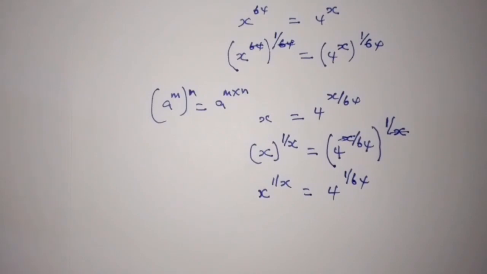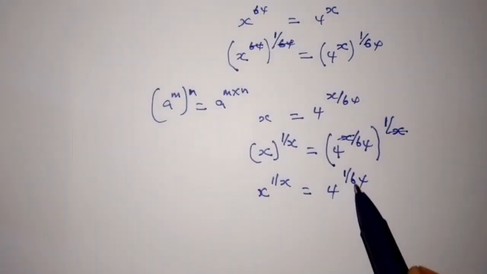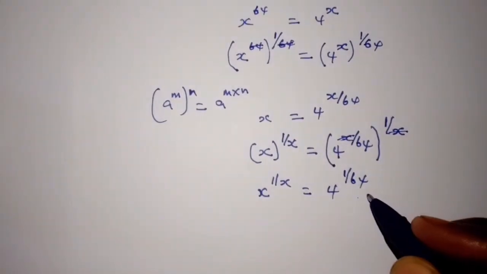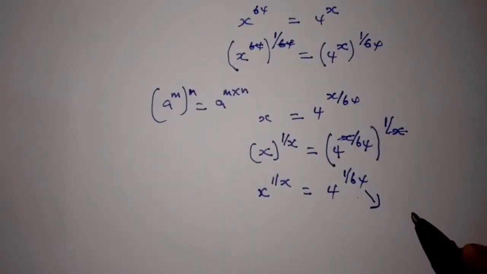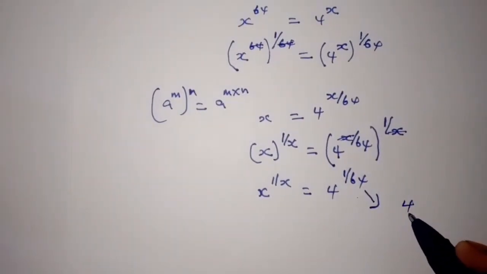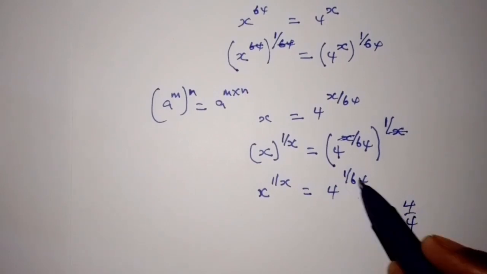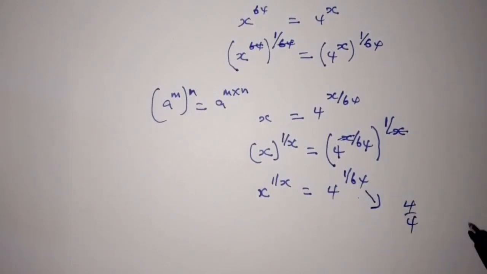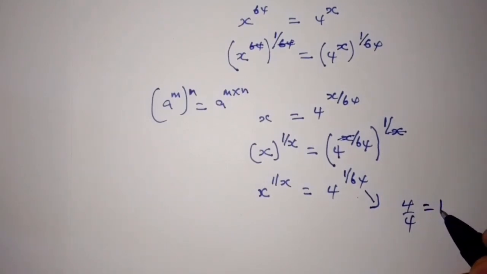Then we can multiply this 1 over 64 by 4 over 4, and we know that 4 over 4 is equal to 1.